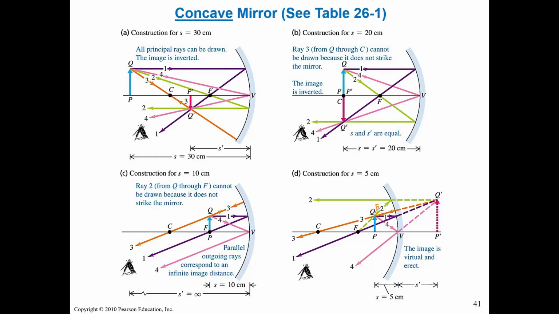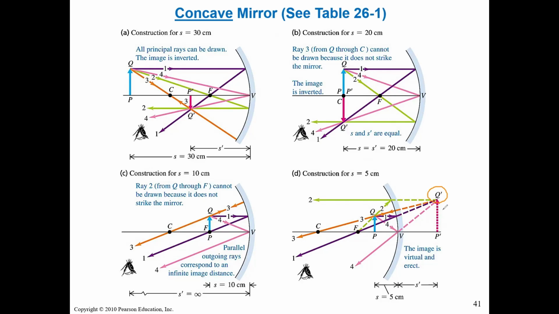This is green here. The F ray is connecting point Q and point F, and the F ray is going to hit the mirror and then be a parallel reflected light. You can again extend this parallel light, and we see that the dashed green line and the dashed purple line will converge at point Q prime.